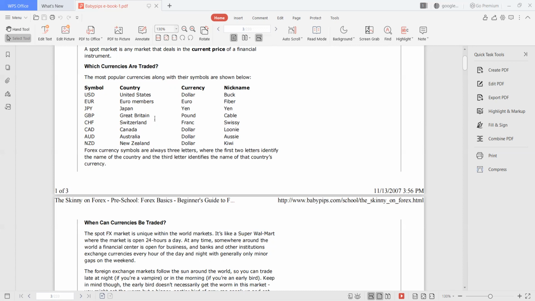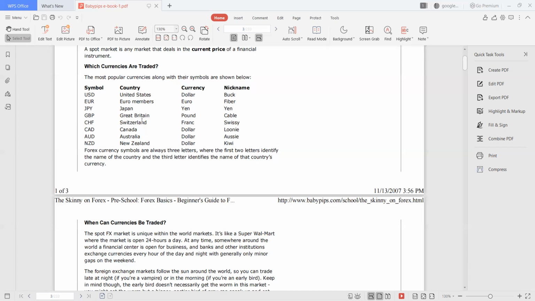You understand? So USD is United States, then dollar. For Zimbabwe, it's ZWG, that's the Zimbabwean dollar. That's how currencies are formed.